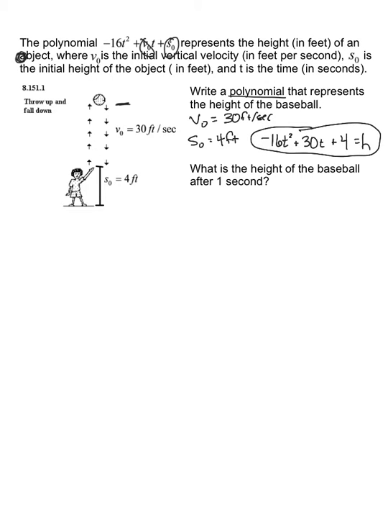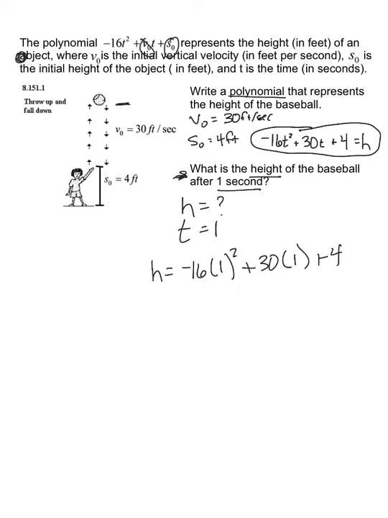And then this is specifically wanting to know something. What's the height after 1 second? So height equals, I don't know, they want to find out that. T equals 1. So you substitute 1 in for t into the function that you just created. Height equals negative 16 times 1 squared plus 30 times 1 plus 4.